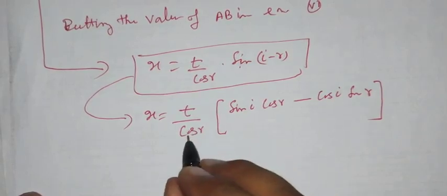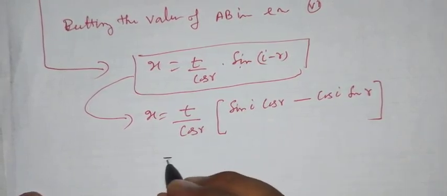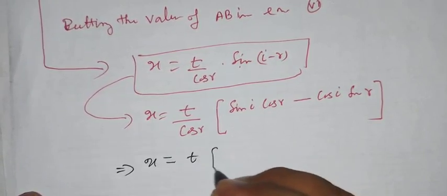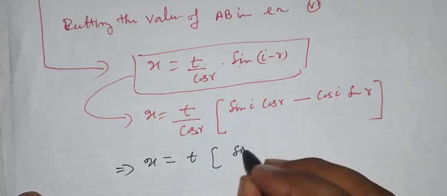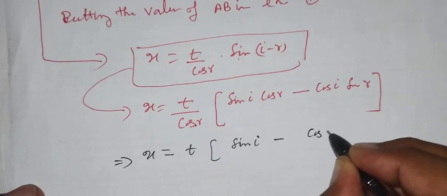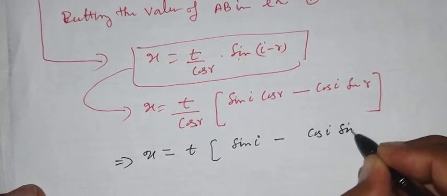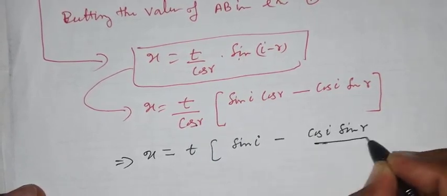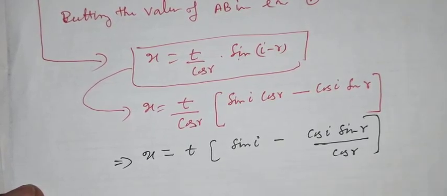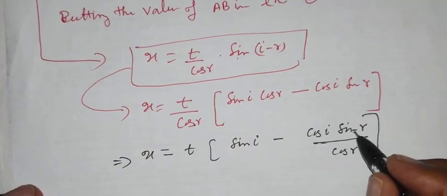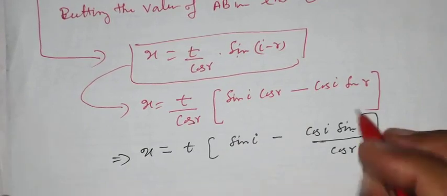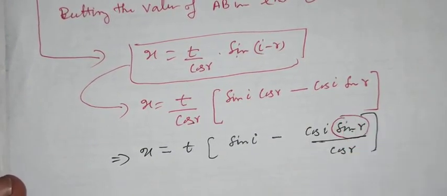Now see here, putting cos R inside, one may write x is equal to T into cos R cancel, this is sin I only, minus cos I sin R by cos R. Now see very carefully, we are going to replace the value of sin R here. So see the trick.